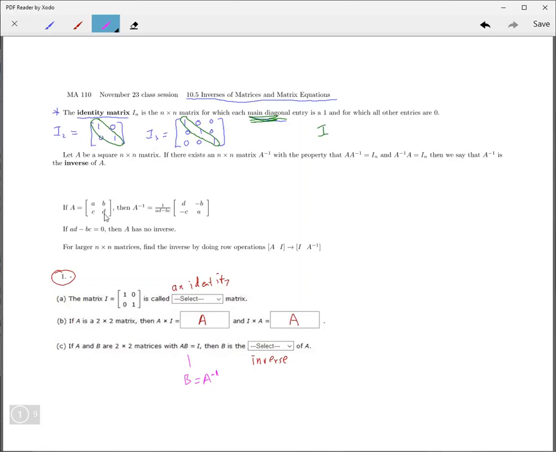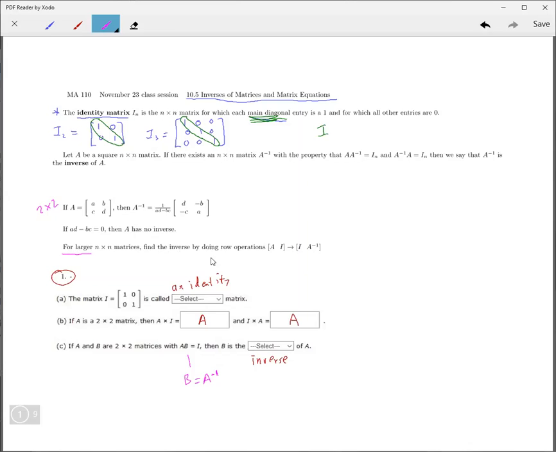You just rearrange things so that the entry in the top left goes to the bottom right, and the bottom right goes to the top left, and then these two are made negatives, and then you multiply everything by 1 over ad minus bc in the end, and that'll be the inverse matrix. Okay, that's for 2 by 2 matrices. Oh, by the way, if ad minus bc is 0, then A has no inverse.